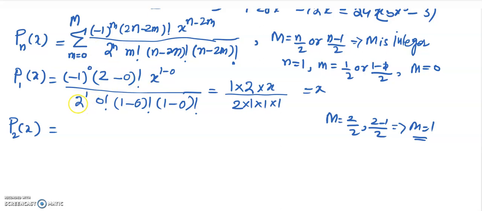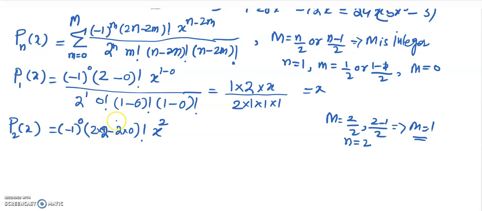So here for 0 and 1, it will be minus 1 power 0, and then (2n minus 2m) factorial, where n is equal to 2 in this case, so x power 2. Yeah, I did make a mistake over here.